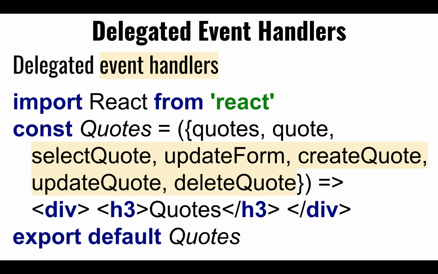Instead of binding them to local functions which we don't have, we're going to bind them to these functions that have been passed into us. So when we click on the delete of a particular item, we're going to call this delete quote that has been passed to us.